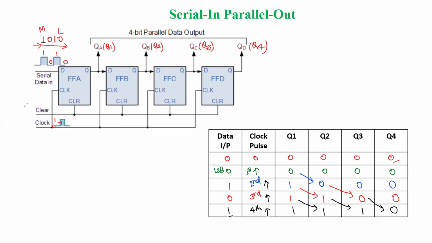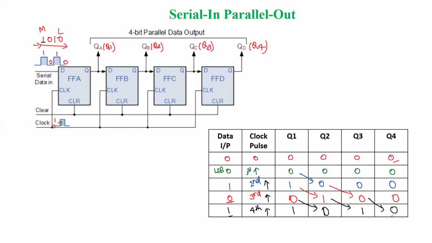In the previous one, we have written wrongly here, the data input is 0. So here also we should have 0. So what will be the Q2 output here? 0. So that correction is done here.